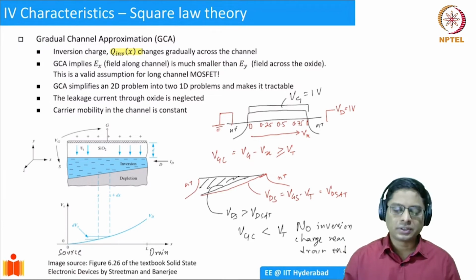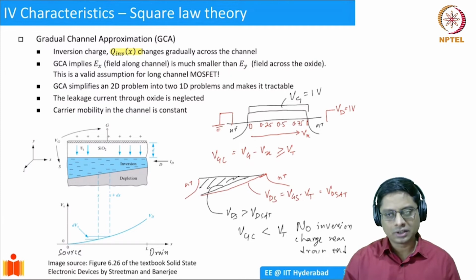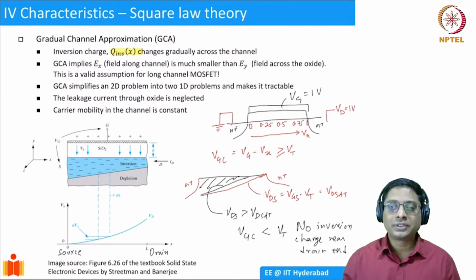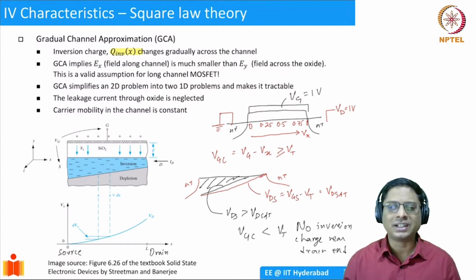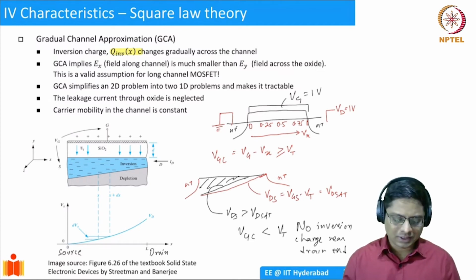So when you compare with the channel length, it's definitely true that the vertical field across the oxide is much stronger. This is important because we are neglecting the horizontal field. If you actually have to do it accurately, we have to take both fields into account, and then it becomes more complicated. We have to do it numerically; we can't do it analytically easily. But this seems to be a reasonable approximation, especially when the channel length is long.